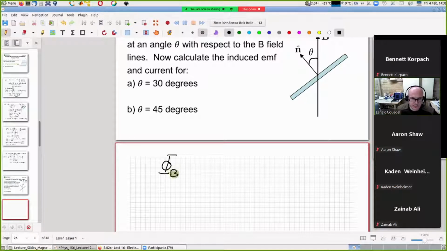So the flux was capital N, because we have N turns, times the integral over the surface of the coil of B dot dA. At 0 degrees, the dot product just gives BA, basically B L squared. Now when I have an angle, what do I need to add to the answer?